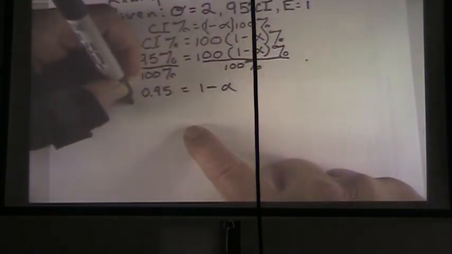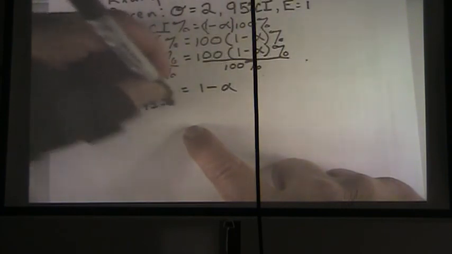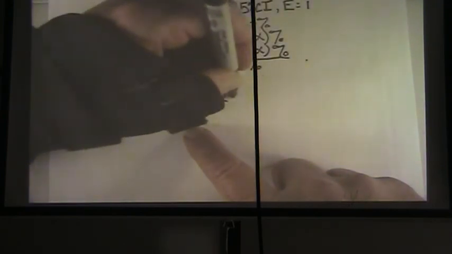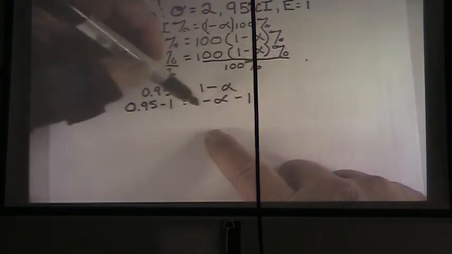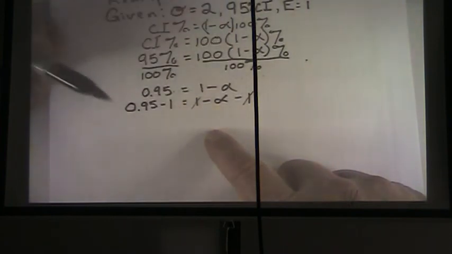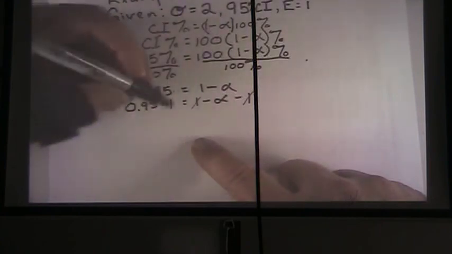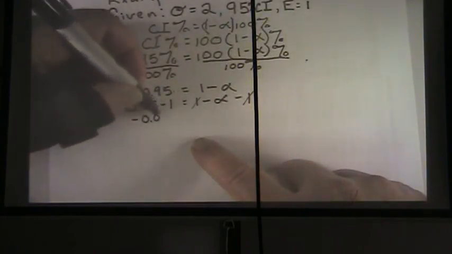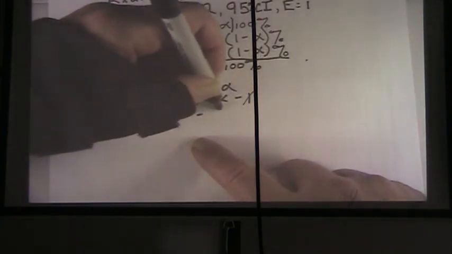On my next step, I'm going to go 0.95 minus 1 equals 1 minus alpha minus 1. Okay, so that means my 1's drop out. This becomes a negative 0.05 equals negative alpha.